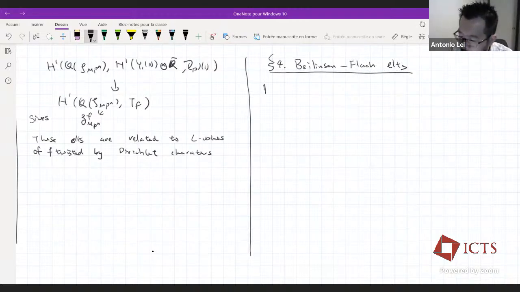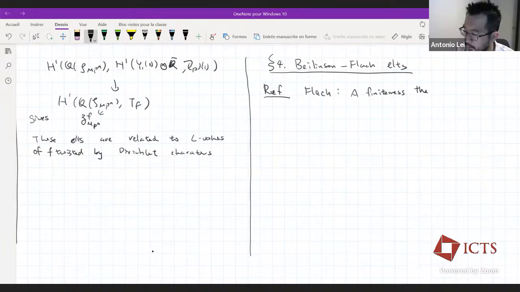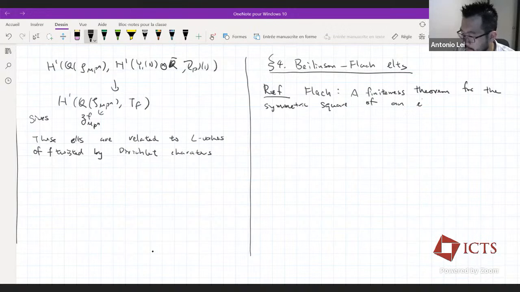The references for this section: the first paper that I recommend is the paper by Flach, titled A Finiteness Theorem for the Symmetric Square of an elliptic curve.